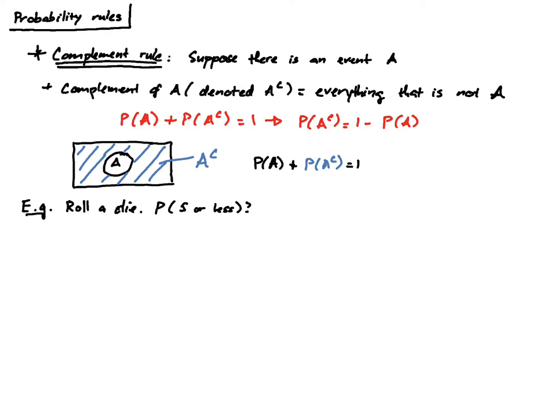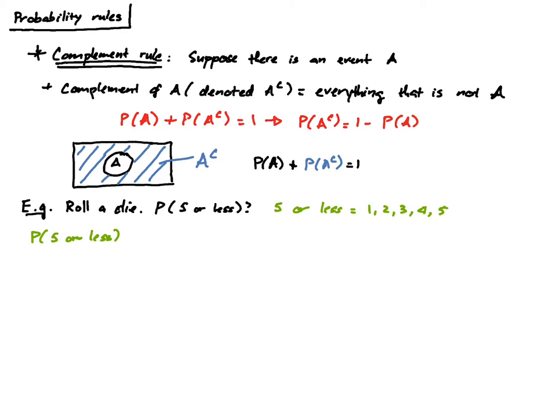Now we know that the probability of getting a 5 or less, first off, 5 or less meaning we get 1, 2, 3, 4, or 5, right?